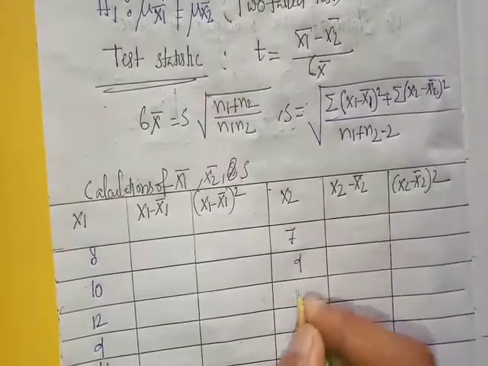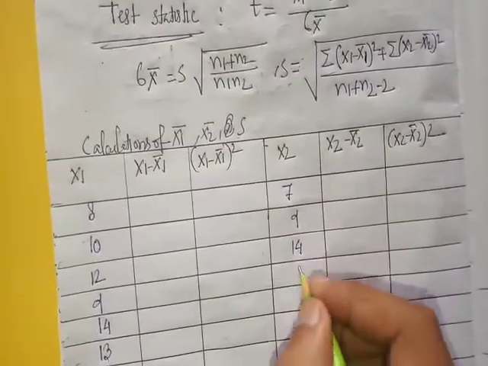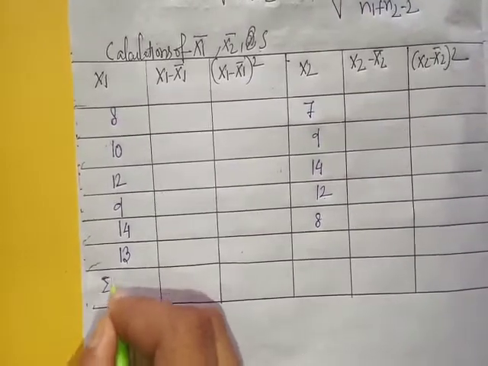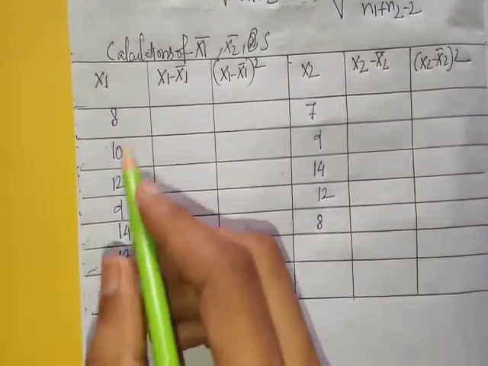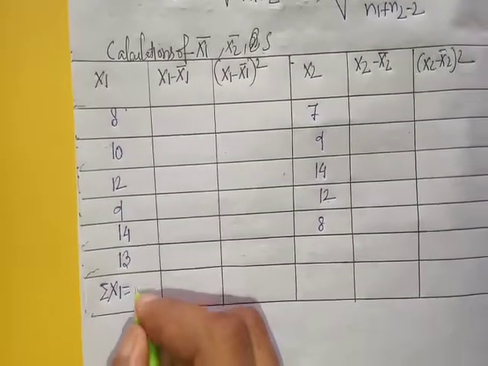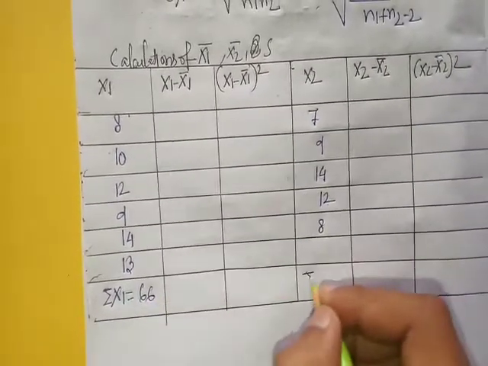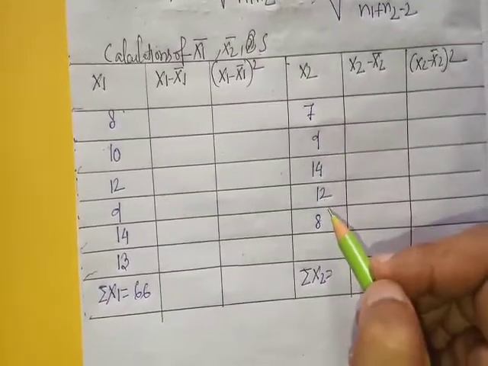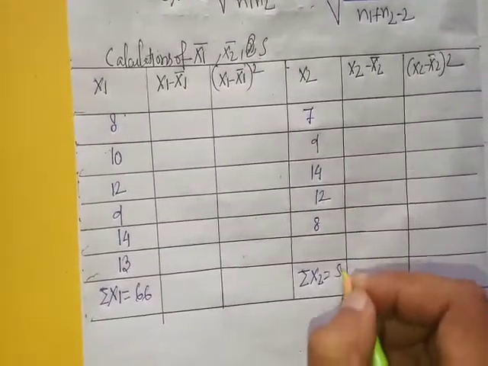Next, summation x1 equals 8 plus 10 plus 12 plus 9 plus 14 plus 13, which is equal to 66. And summation x2 equals 7 plus 9 plus 14 plus 12 plus 8, which is equal to 50.